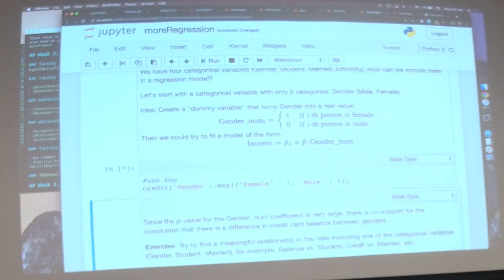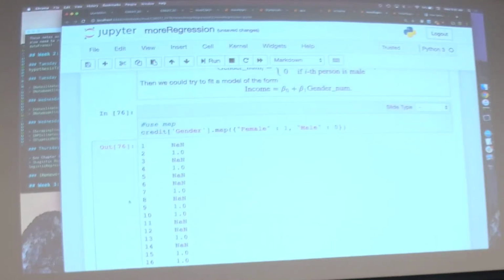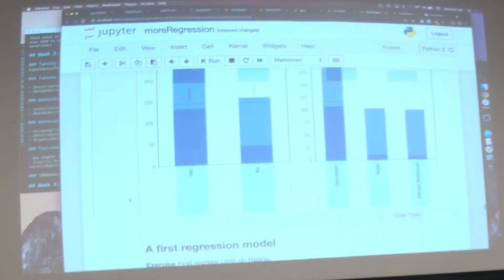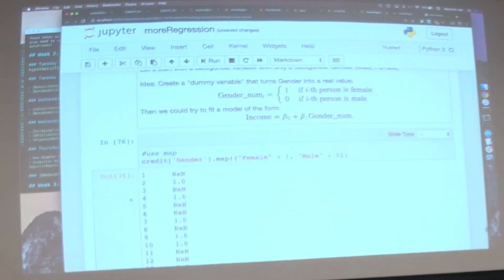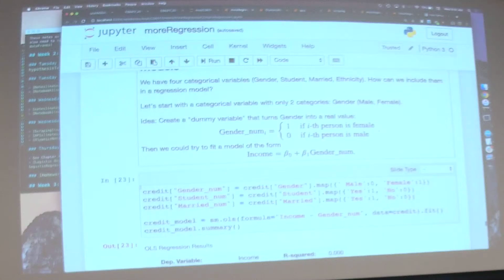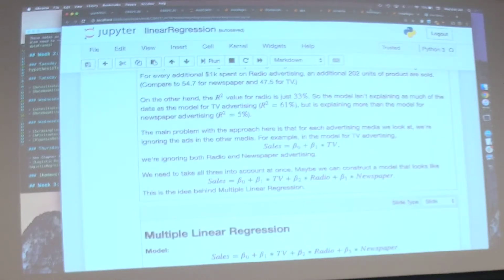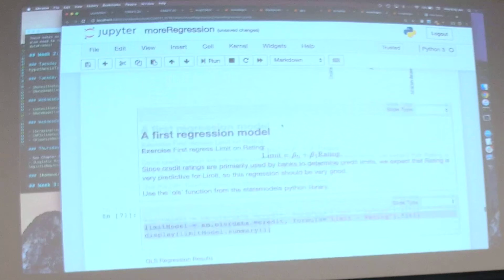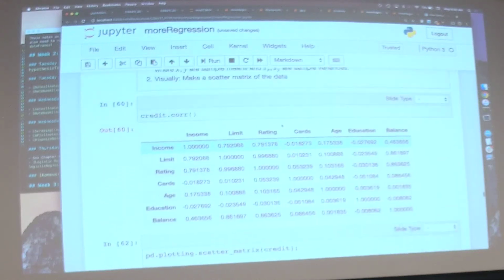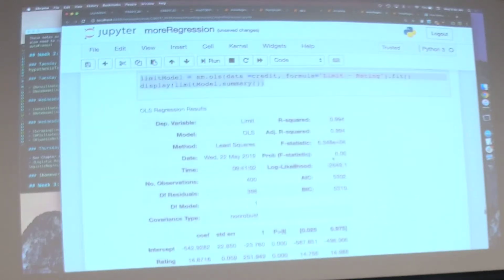It's hard to tell from this, but apparently there's actually a space before male for whatever reason.